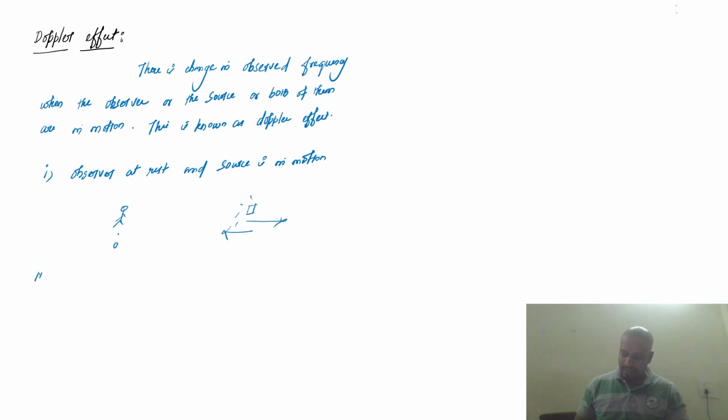The second case where we can observe the Doppler effect: now the source we keep at rest, at a point O, the source of the sound wave at rest, and the observer is in motion towards the source or away from the source. So this is the second case.